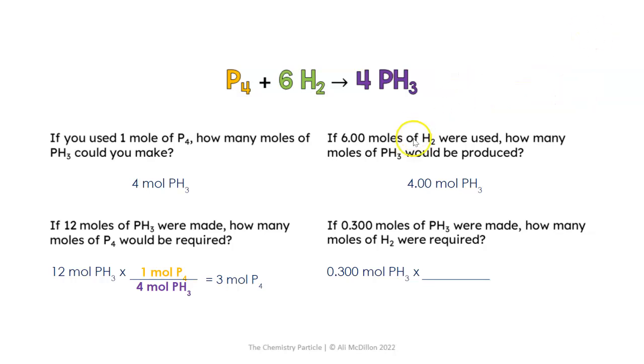All right, and then that final one, if 0.3 moles of PH3 were made, how many moles of H2 were required? Same thing, we're going to set up our conversion factor using our mole ratios. So for every mole of PH3, we're getting rid of PH3 and we're going to H2, so we want to have our moles of PH3 on the bottom and our moles of H2 on the top.